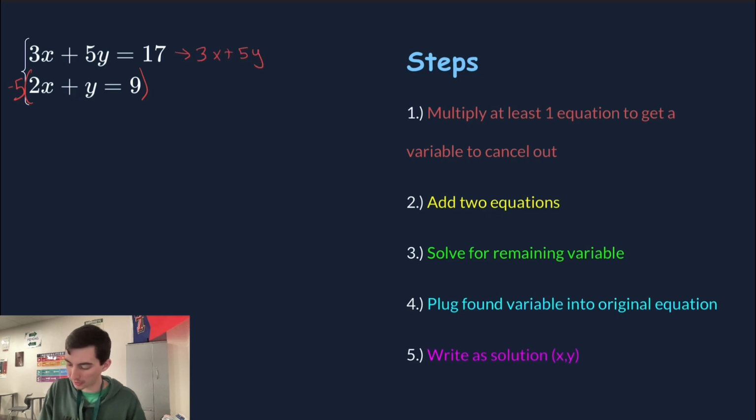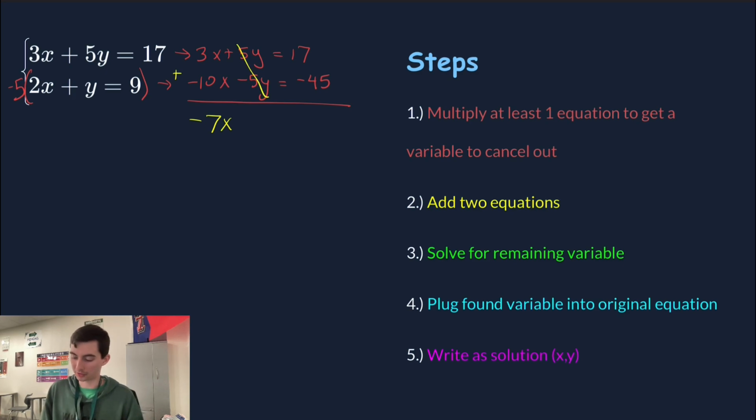So I've got 3x plus 5y is equal to 17. And now negative 5 times 2x will give me negative 10x minus 5y. And this will give me negative 45. Now I'm going to add these together. So I've got 3x minus 10x is going to give me a negative 7x.